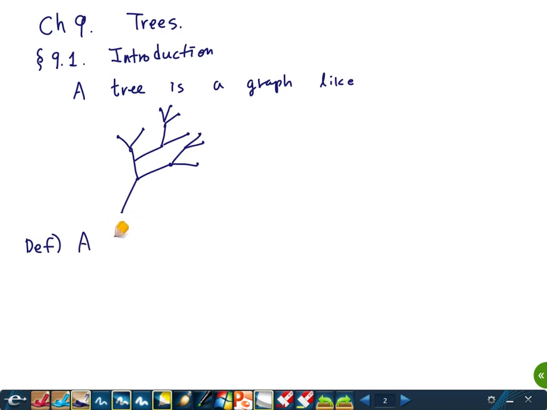So a tree is a simple graph, so we don't have any multiple edges or loops.